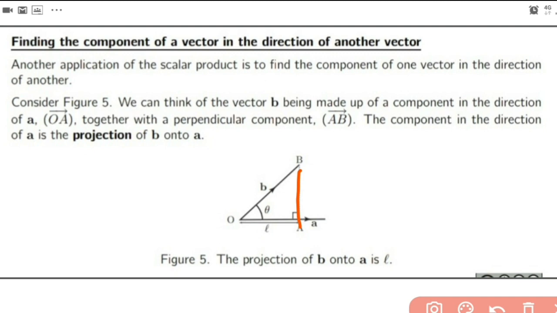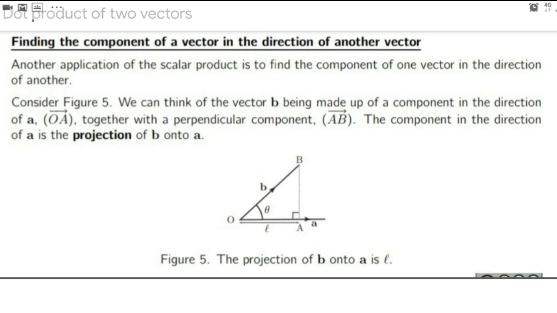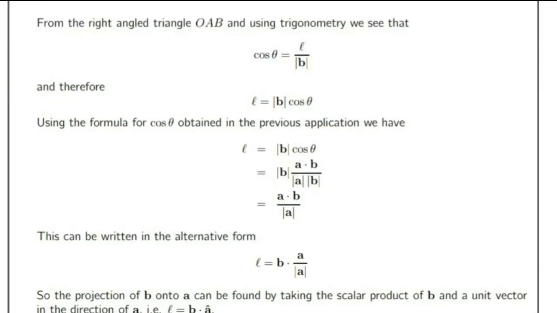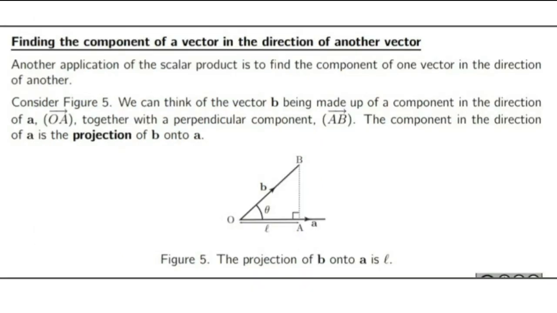So this is how we find the component of a vector in the direction of another vector. That means here the component of vector B on A is OA, whose length is L. Now, we will see what is that L. We can take cos theta, that cos theta is L divided by magnitude of vector B from this diagram. Here hypotenuse comes as that vector B, so its length is its magnitude.